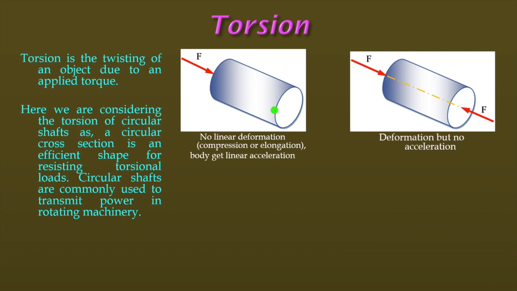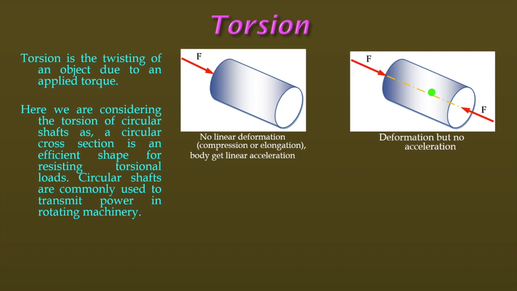On the other hand, if an equal and opposite force is there, then the shaft will deform, compress. If these two forces are in the opposite direction compared to this one, then it will be extension, and in this condition it is the compression.